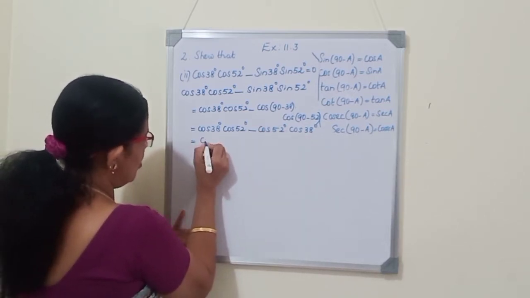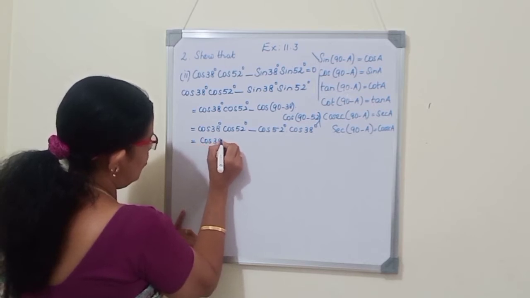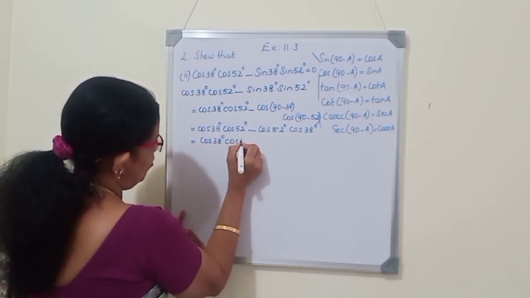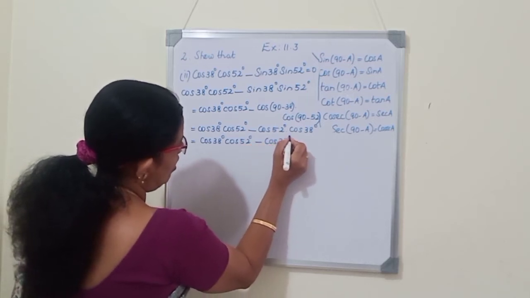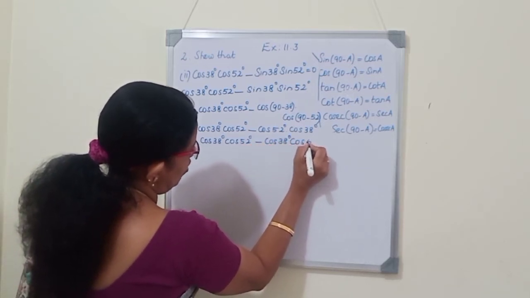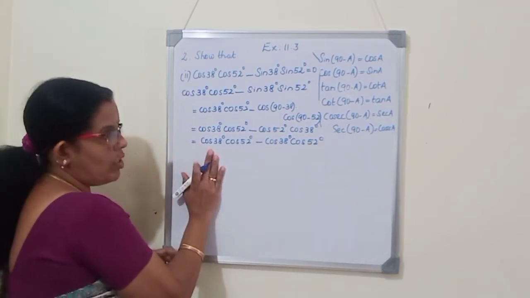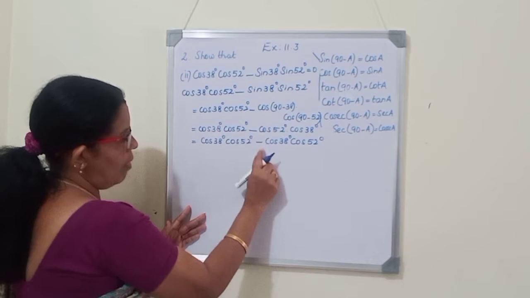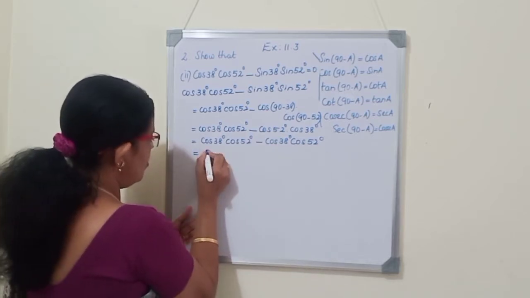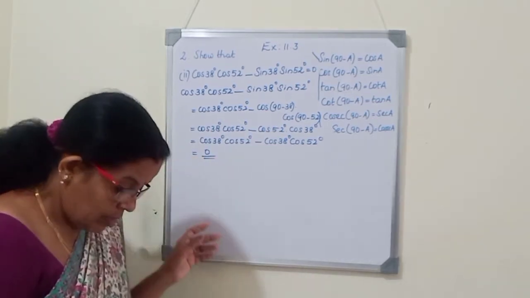If you want we can arrange, or directly we can write 0. First I write cos 38 degree cos 52 degree, both are the same. So what is cos 38 minus cos 38? It is 0. Same way the product minus the same will be equal to 0.